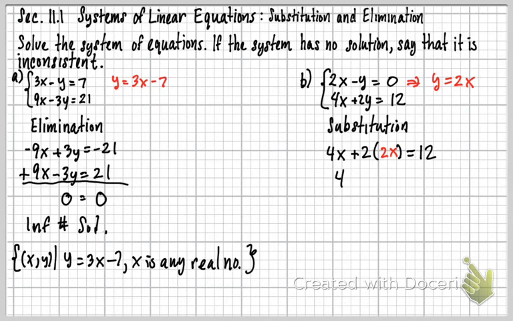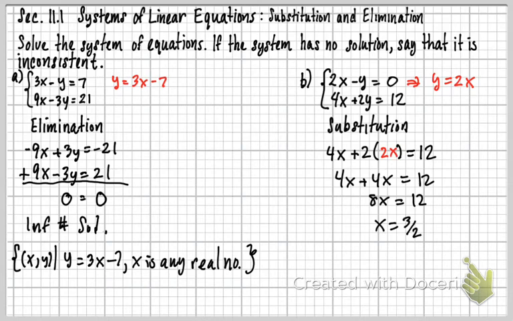So this is 4x plus 4x equals 12. Okay, so then I get the 4x. That's going to give me 8x over here, which equals 12. And then when I divide by 8, I get x equals 12/8, or 4 goes into both of those. So that would be 3/2.